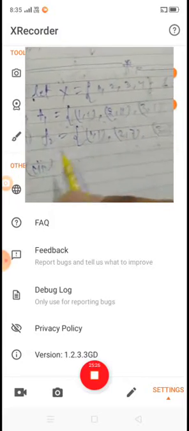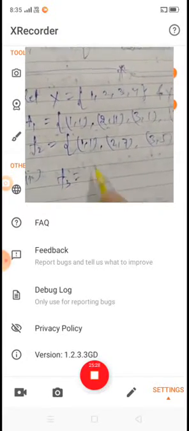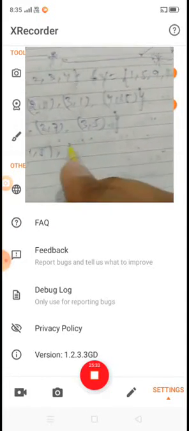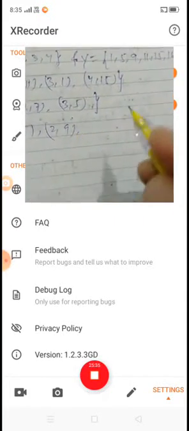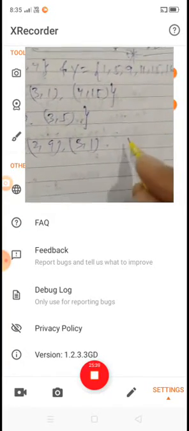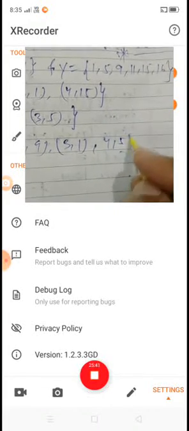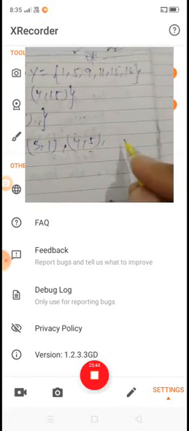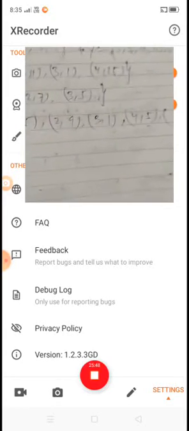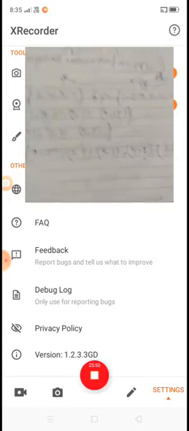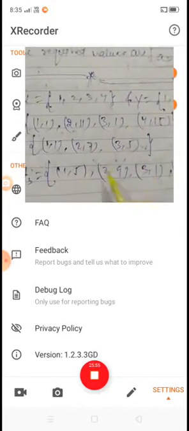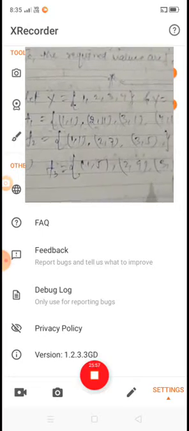And third one, f3, is defined by (1,5), (2,9), (3,1), (4,5) and (2,11). Okay, here two sets x and y are given, and we have to determine which of the following sets are functions from x to y.